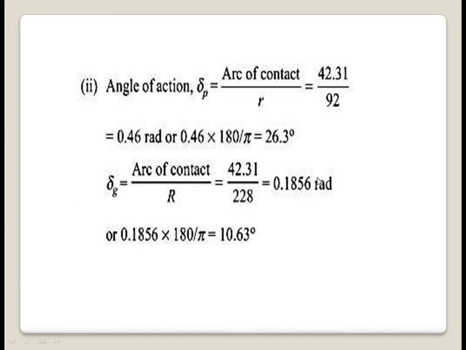So we got the value 0.1856 radian. Okay, so convert into degrees: 0.1856 into 180 divided by pi. So we got the value 10.63 degrees. So we got the values of the angle of action for the pinion and gear in degrees.